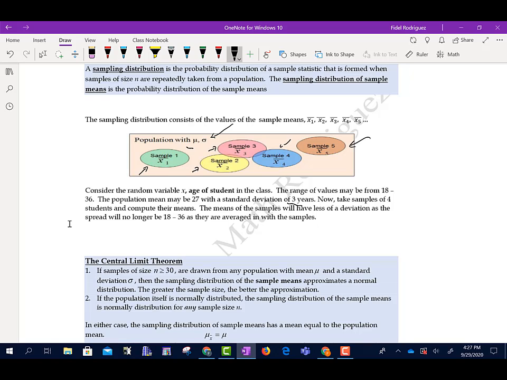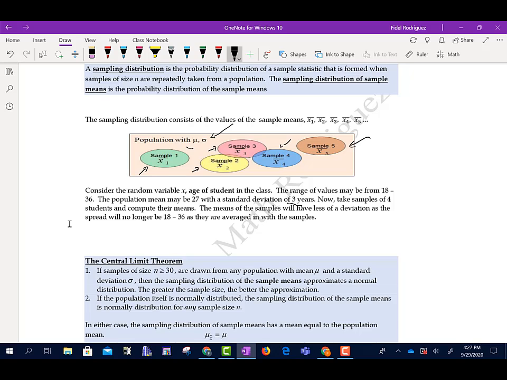Now, if we were to take samples of 4 students and find those averages, so if I were to take 4 people in our class, get their ages and find that average, and then do that for different groups of 4, okay? Now, some people might be put in 2 different groups. I'm just going to make up names: Brandy, Joe, Aurora, Gilbert, right?